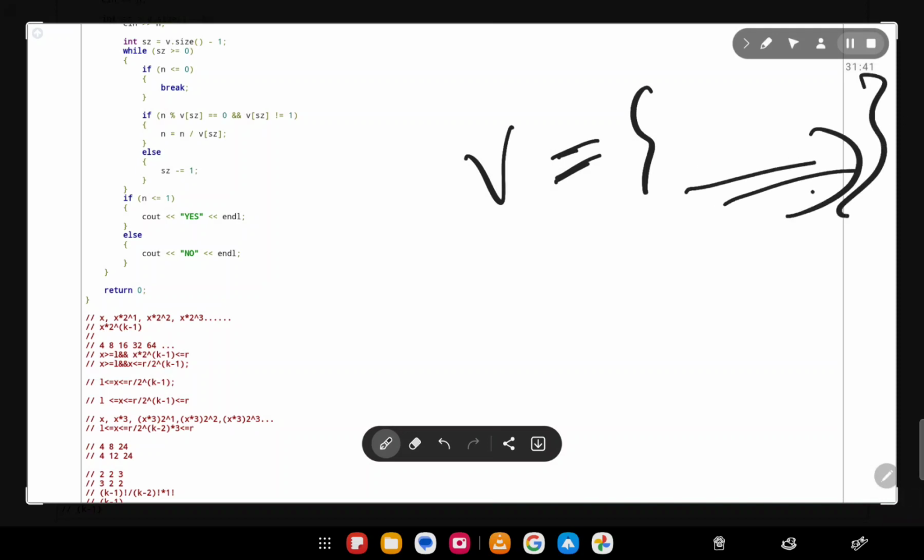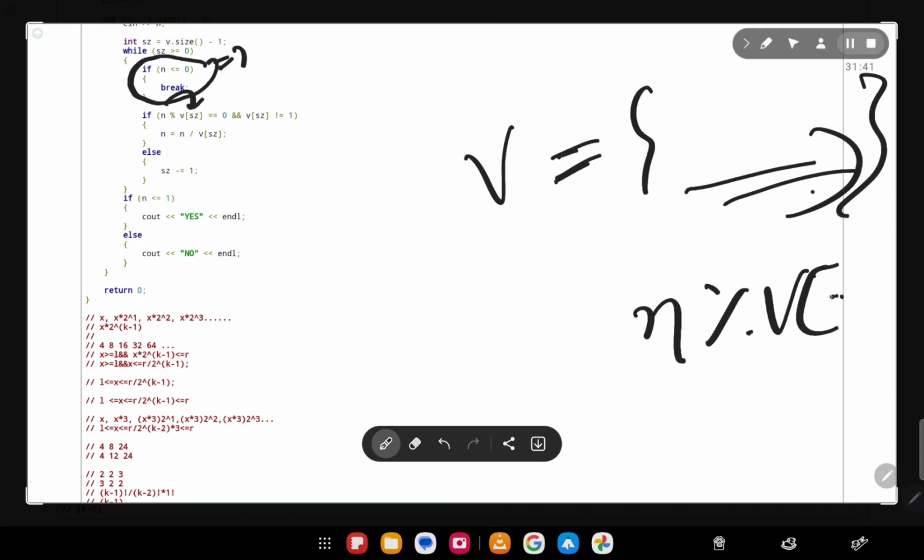Okay, and next, if n is less than or equal to 1, then simply break. And if n is divisible by b of i, if any element of the vector divides n completely, then keep dividing it until it is not divisible by that particular number.